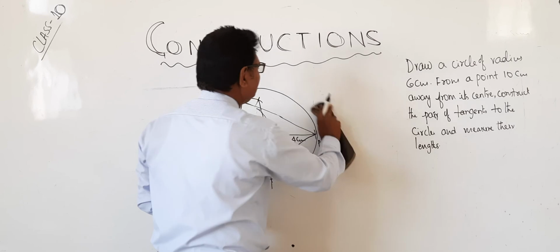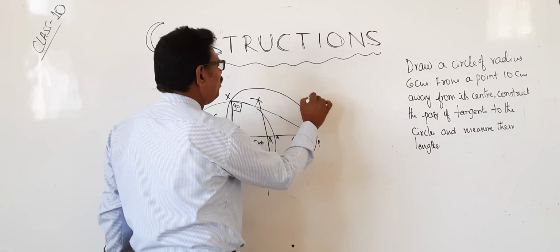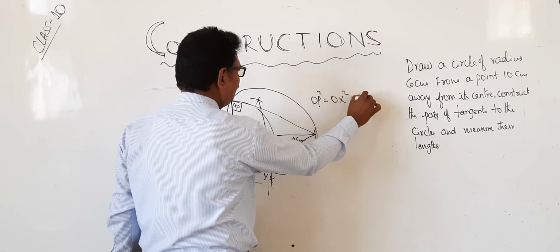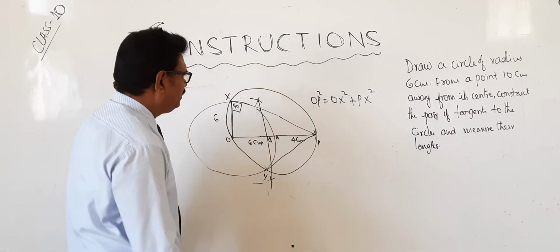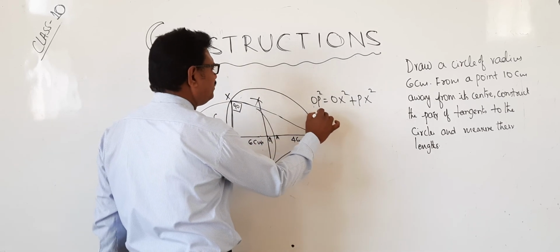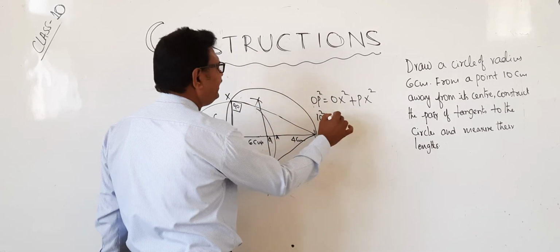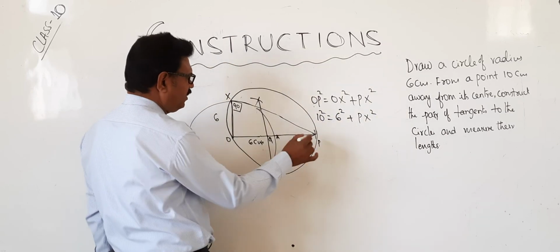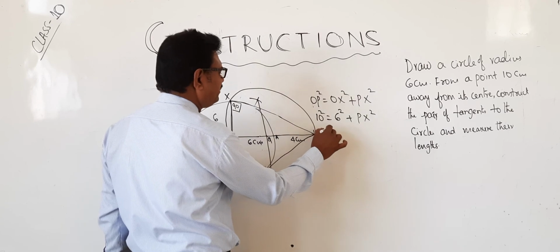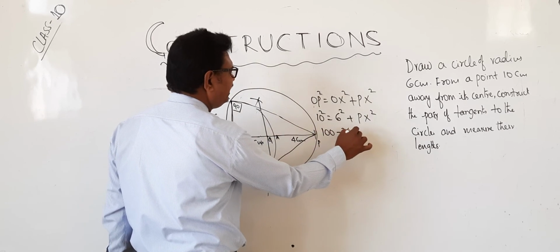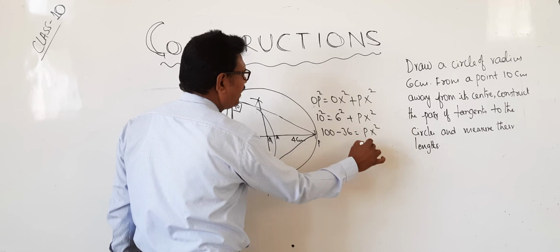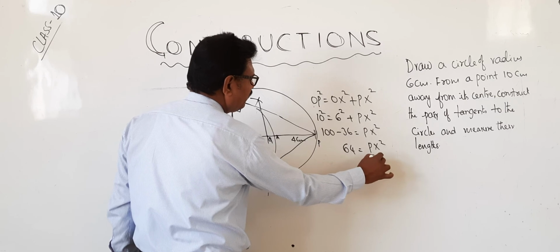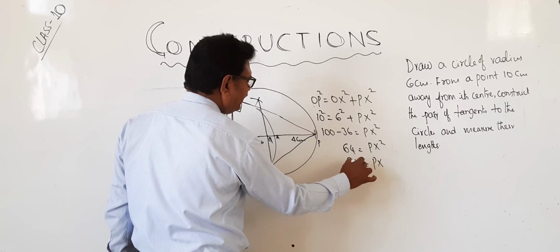So we should take like this: OP square is equal to OX square plus PX square. Now OP square is 10 square, OX square is 6 square, plus PX square. Now 10 square is 100, minus 36 equals PX square. Therefore PX square equals 64. Therefore, PX equals 8 centimeters.